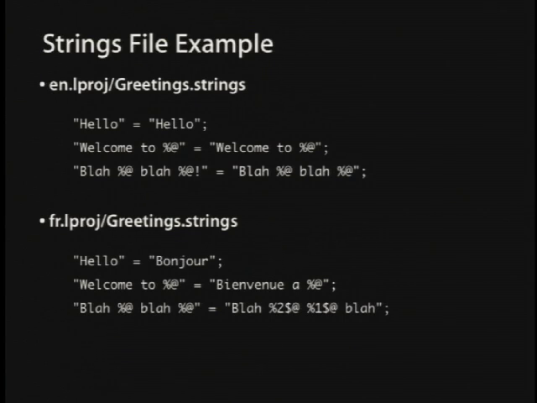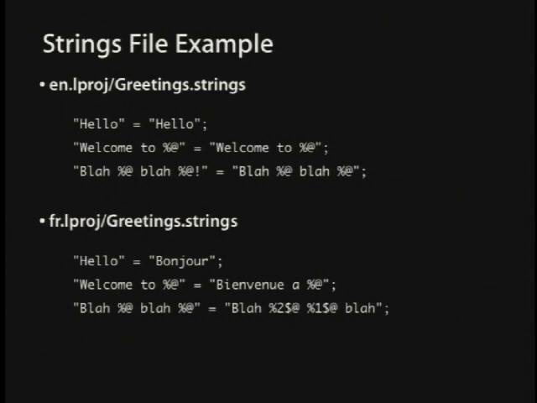So an example of what one of these is going to look like, let's say we've got an English and a French lproj, and we've got a strings file called greetings.strings. So in our English one, in the original, basically the key and value are going to be the same, right? The key is, in the first case, hello, and the value is hello. And in the second one, we've got welcome to %@. So this is a case where we've actually got a format string. So we're going to be at runtime inserting some other string in there.